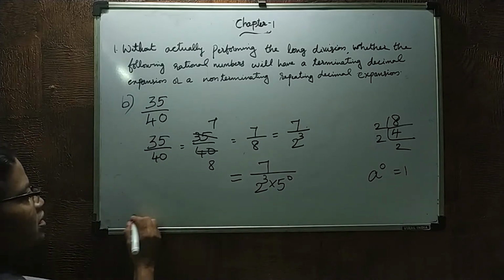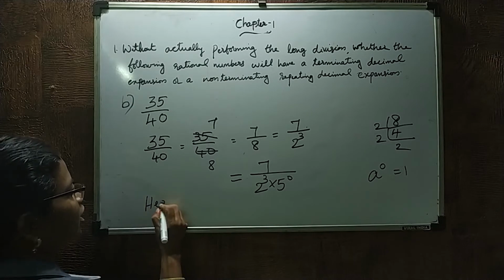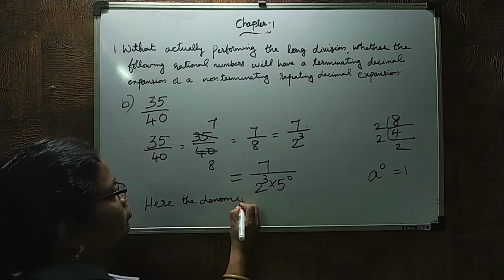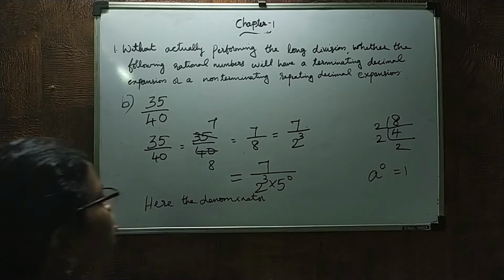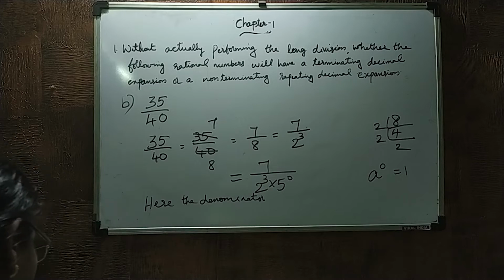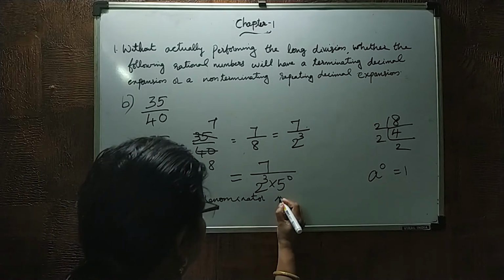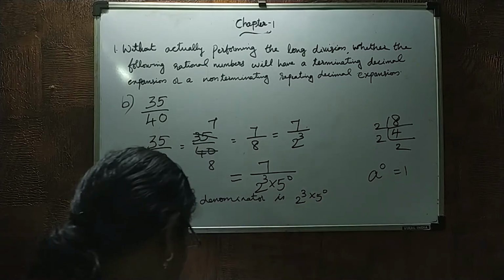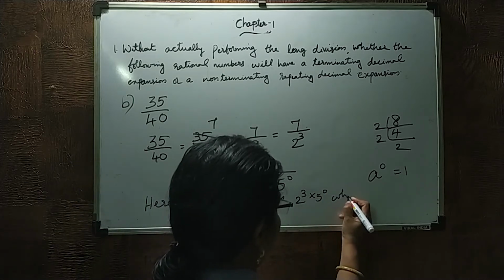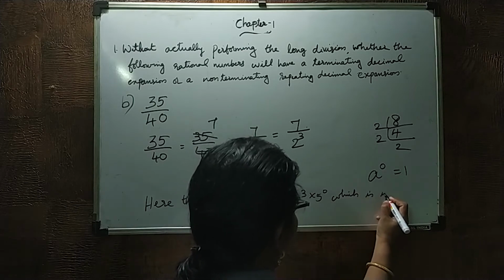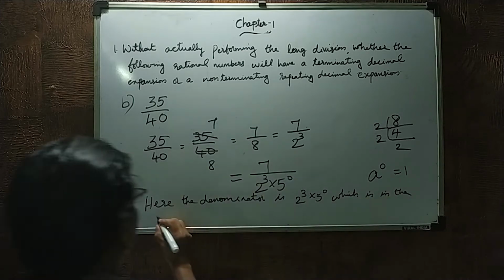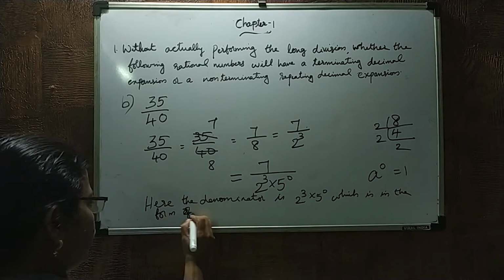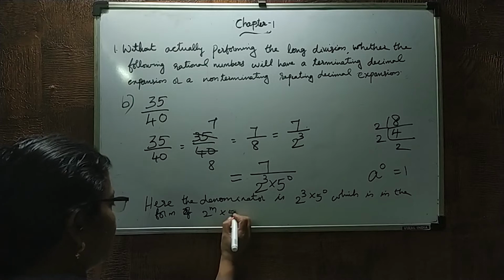So we can write it as, here the denominator is of the form 2 raised to 3 into 5 raised to 0, which is in the form of 2 raised to m into 5 raised to n.